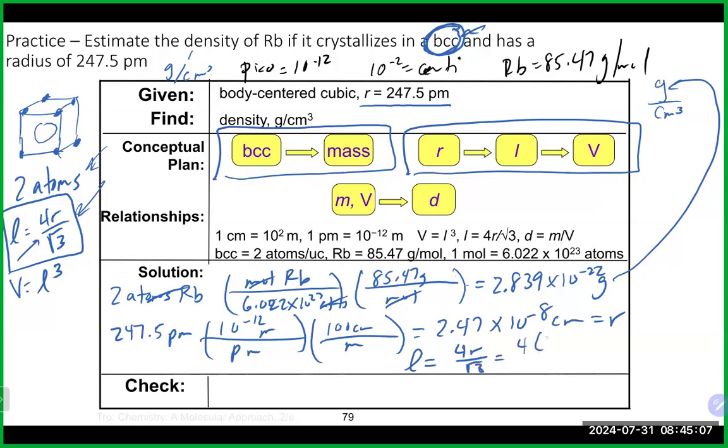So that's going to be 4 times our 2.47 times 10 to the minus 8 centimeters divided by the square root of 3. And that is going to get us 5.716 times 10 to the minus 8 centimeters.